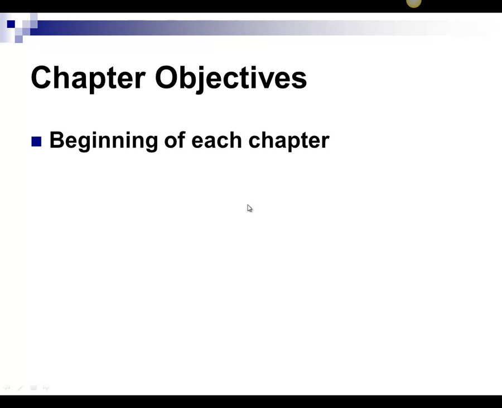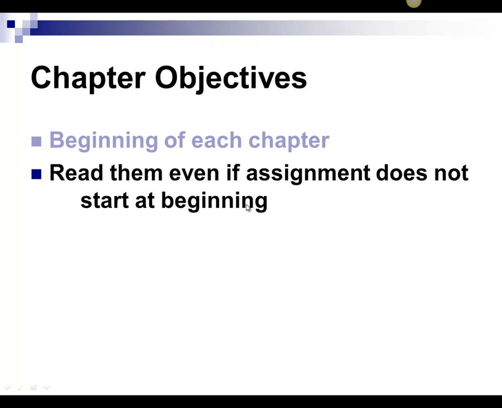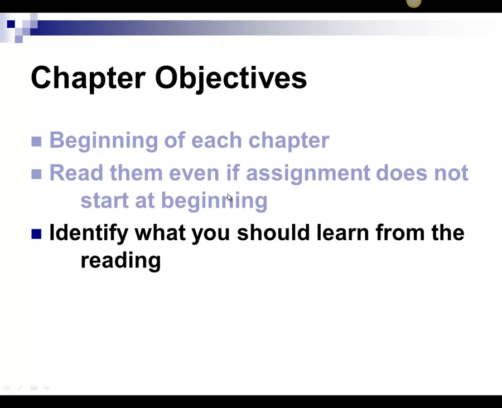Take a look at the chapter objectives that are there. Take a look at what information is provided to you by the authors of the book to help guide, once again, your learning as you read that information. So they're at the beginning of the chapter. And as I said, even if your assignment doesn't begin at the beginning of the chapter, go back and take a look at those.